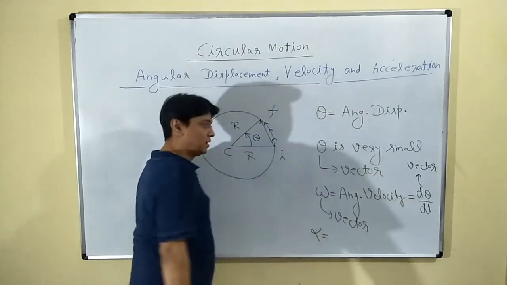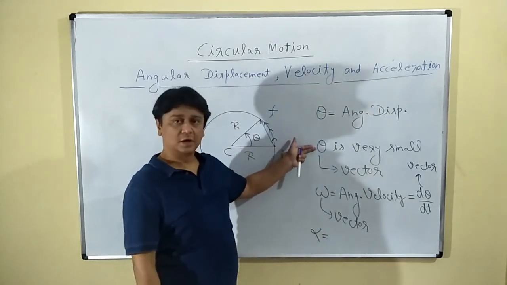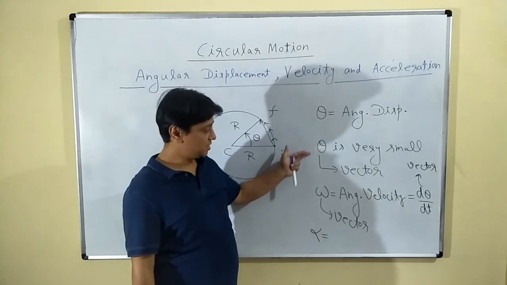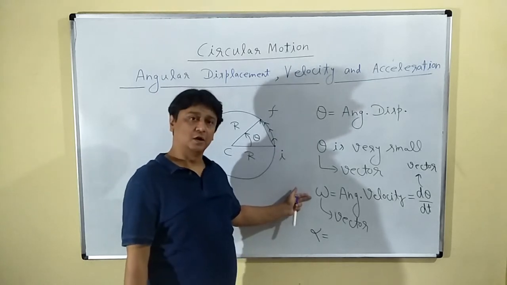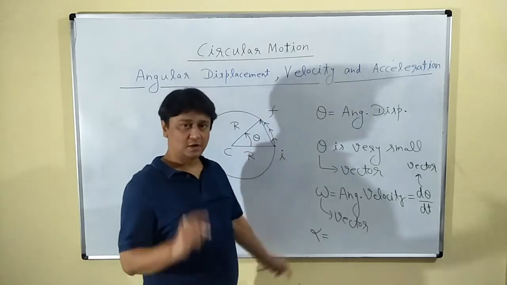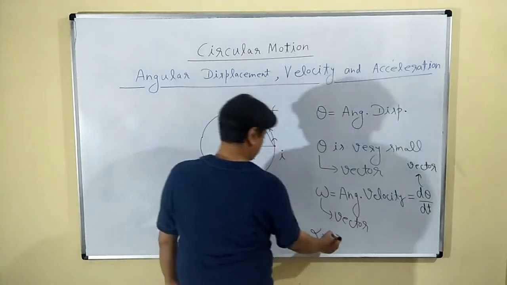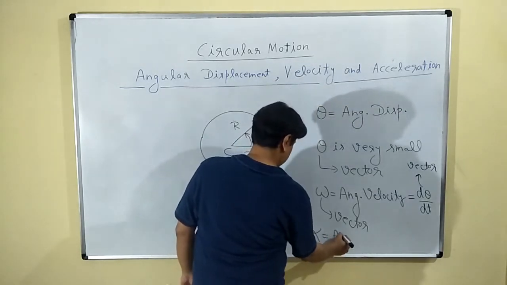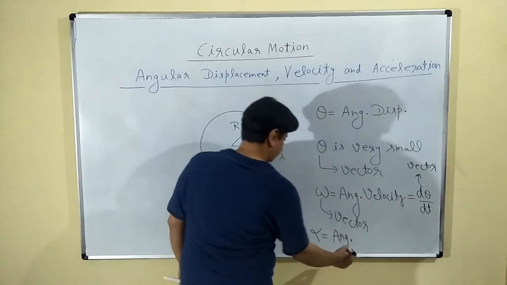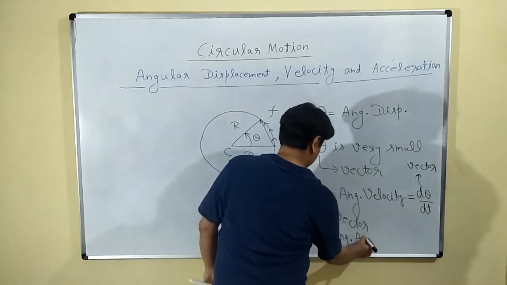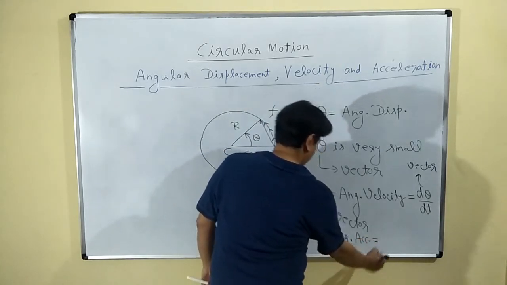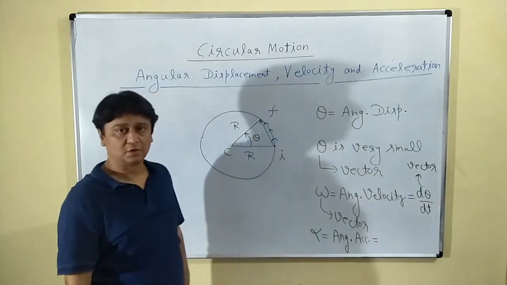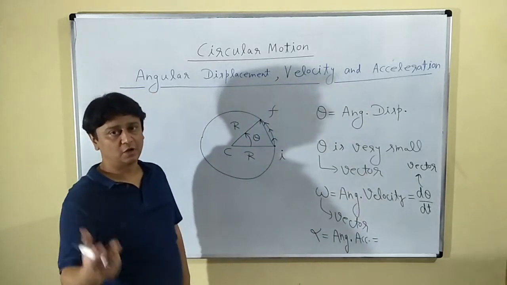Then comes alpha. What is alpha? This is what? Angular displacement. This is what? Angular velocity. This is what? Angular acceleration. Your alpha is angular acceleration. What was simple acceleration? Rate of change of velocity.